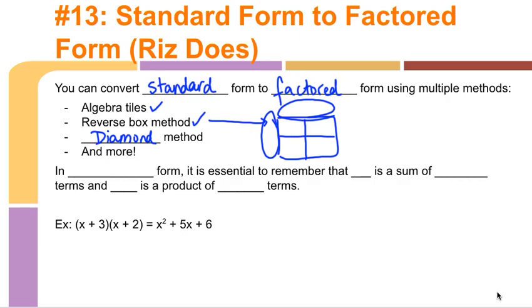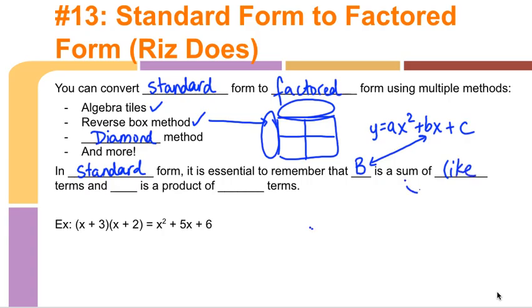So in standard form, it is essential to remember that B, because remember it looks like this, I'm saying that B is a sum of like terms. That means you add to get it.